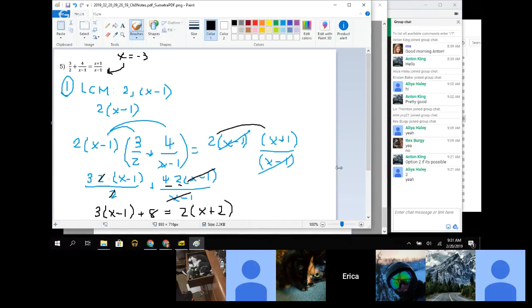So I said that was one option. Does anyone else, when they see this problem, think of a different way that they could do it besides multiplying by the least common multiple? Anyone else have something that popped into their head?